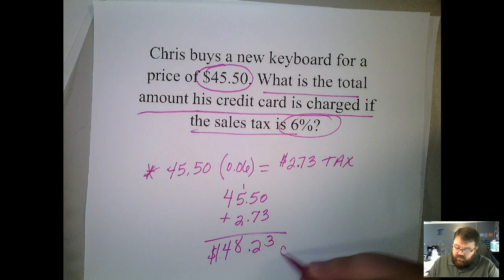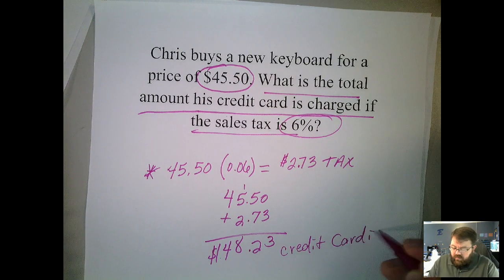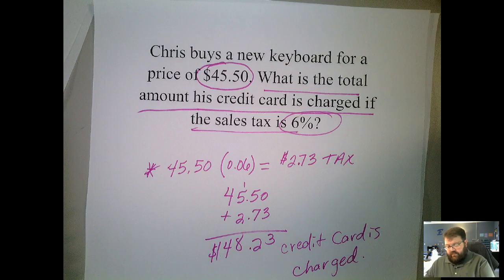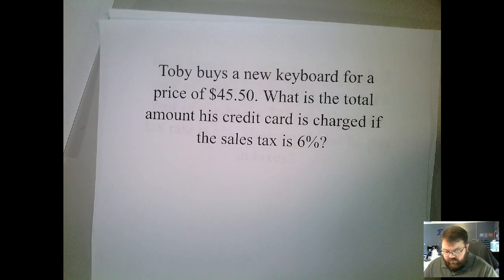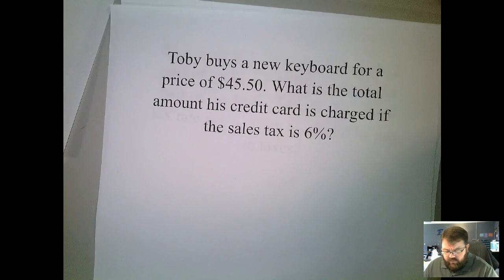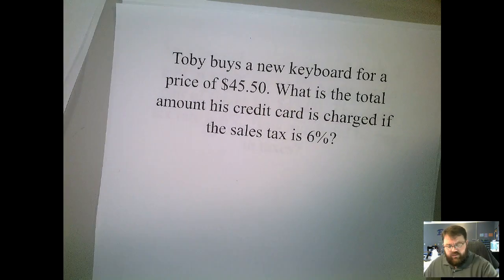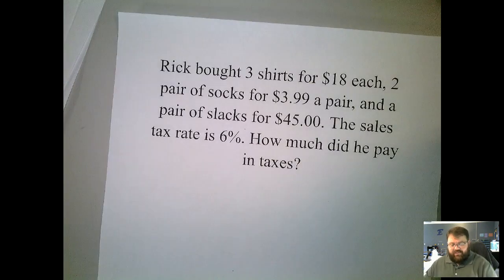That is how much the credit card is charged. Okay. Toby buys a new keyboard for the price of, I think that's $45.50. What is the total amount his credit card is charged? Yep. Same question, just different names, so I'm going to skip that one.